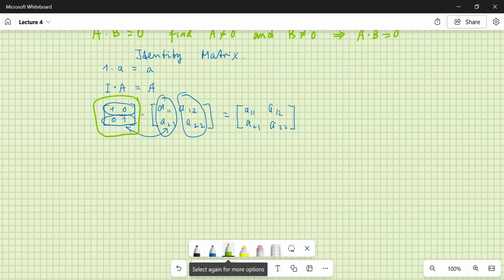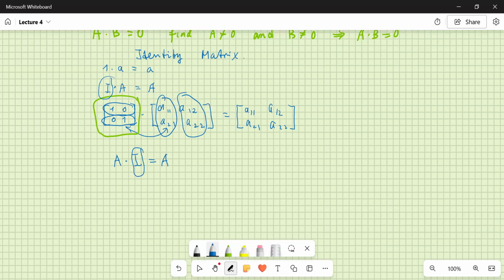What is going to be the major property of such a matrix? That if you multiply this matrix by any matrix A, you are going to get matrix A back. And if you multiply matrix A by matrix I on the right, you are still going to get matrix A. What is interesting, guys, is that because matrix A is not necessarily a square matrix, this identity matrix and this identity matrix are not necessarily the same square matrices.